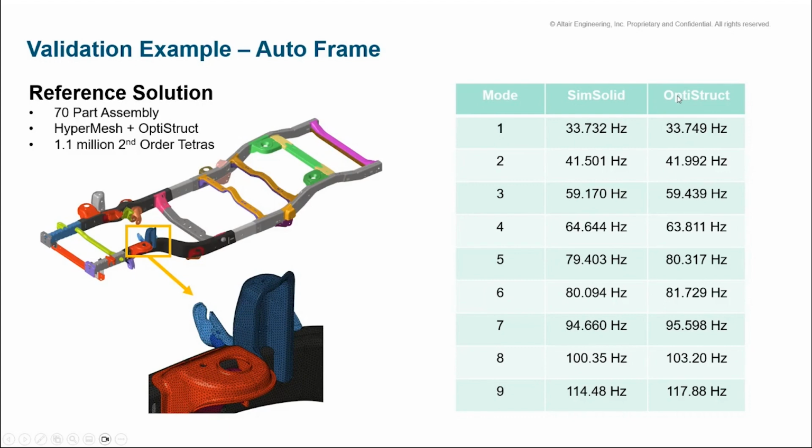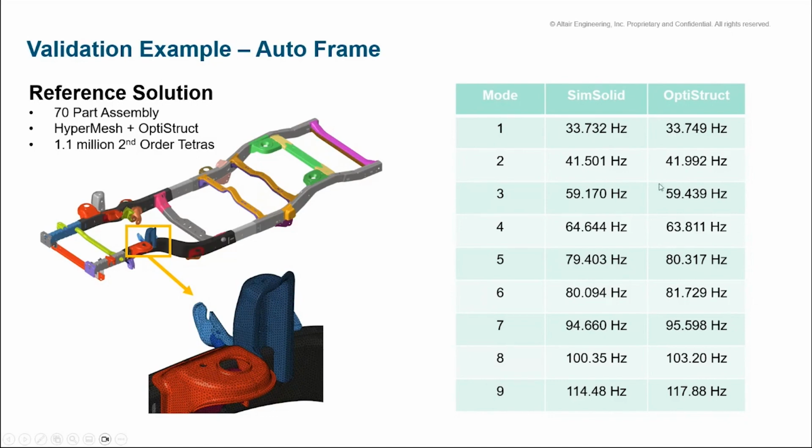OptiStruct is the Nastran-derived solver from Altair. And here you can see a 70 part assembly, 1.1 million second order tetrahedral elements used for this mesh. So a full solid mesh for this structural analysis of the chassis.